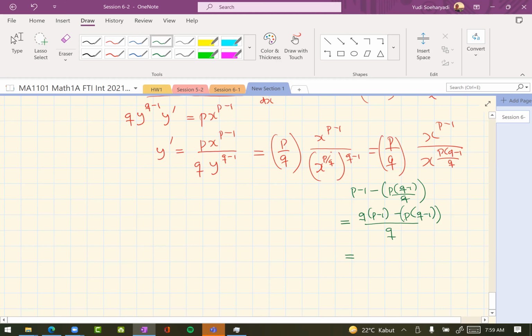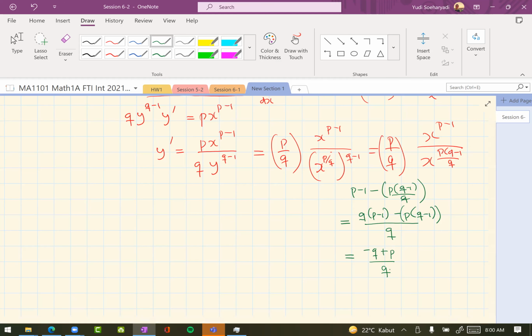So qp, this is pq, right? So they cancel. So what you have here is minus q, and this is minus p, so just plus p over q.